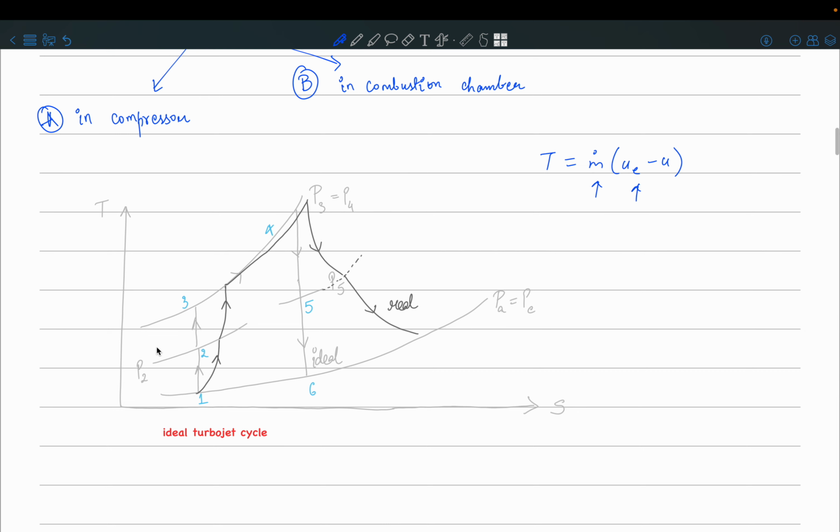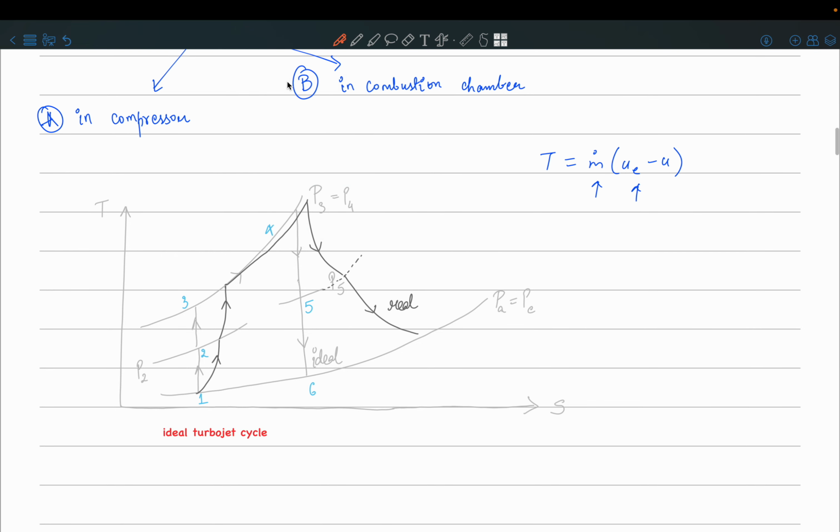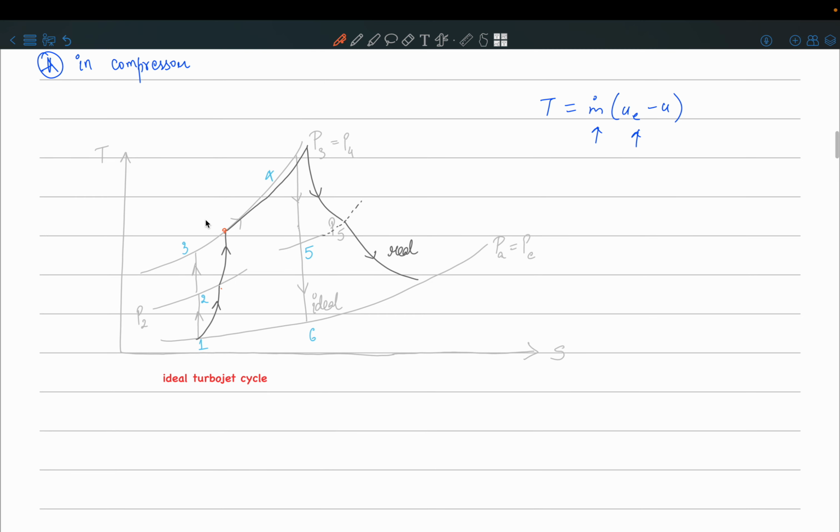Now if you do water methanol injection in the compressor, it will reduce the temperature. So you are at this condition, that is 3 real, and then you inject water and methanol and bring down the temperature, whereas the pressure remains almost the same. So now you are going almost isentropically.